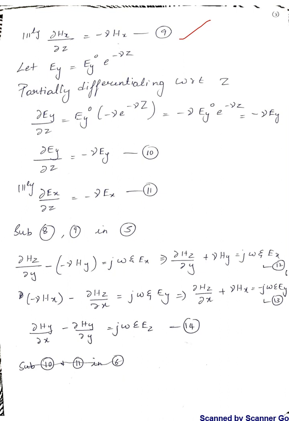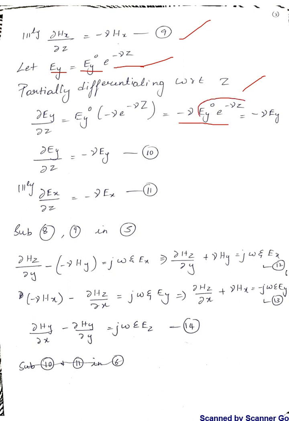Now we are going to do the similar step for E. So I'm going to assume Ey is equal to Ey naught e power minus gamma z. Similarly, if I partially differentiate with respect to z, Ey will become dou Ey by dou z, and Ey naught is constant, it will remain as it is, and e power minus gamma z will become minus gamma e power minus gamma z. Rearranging the equation, I'll be getting minus gamma Ey naught e power minus gamma z.